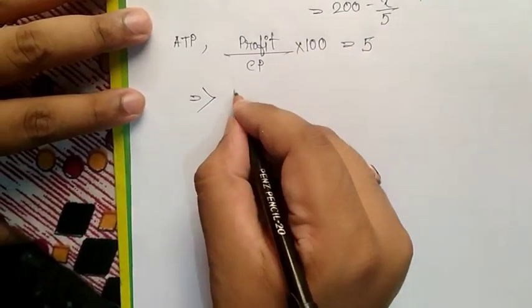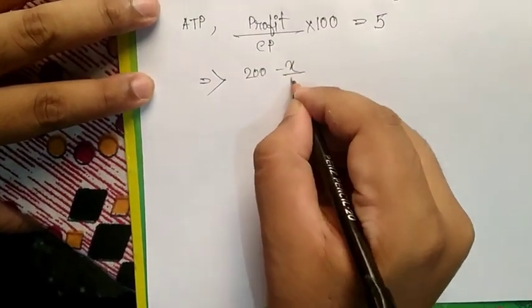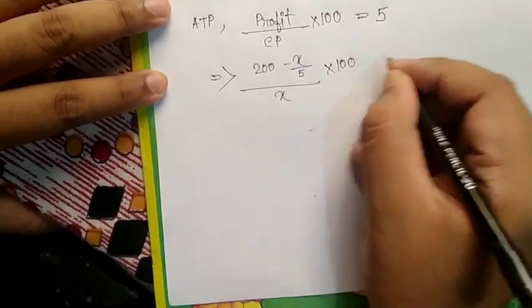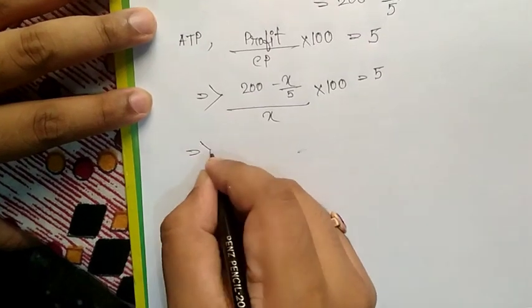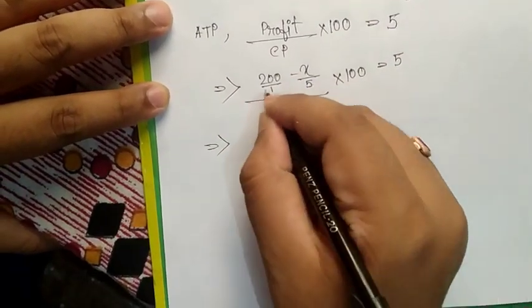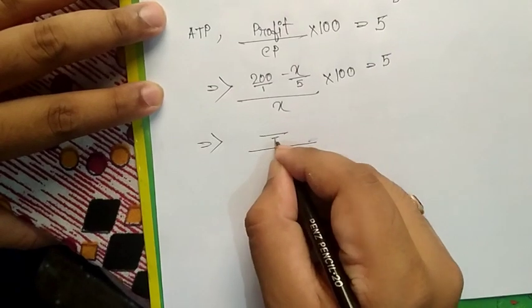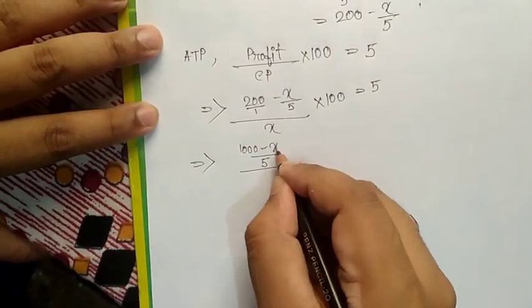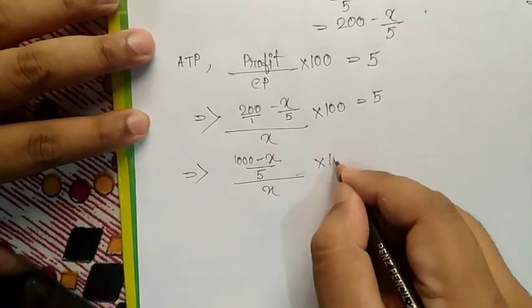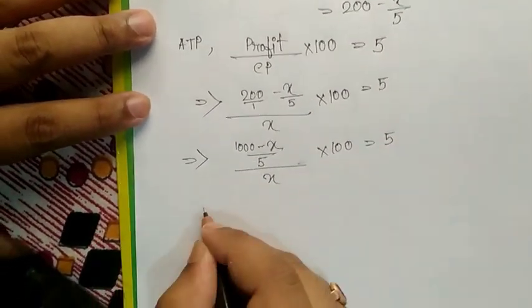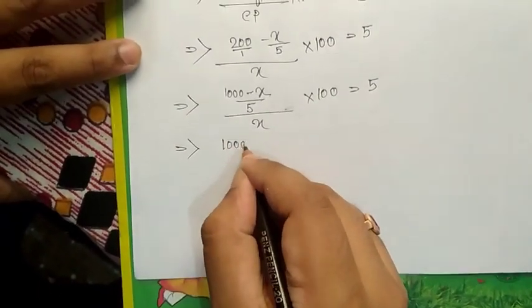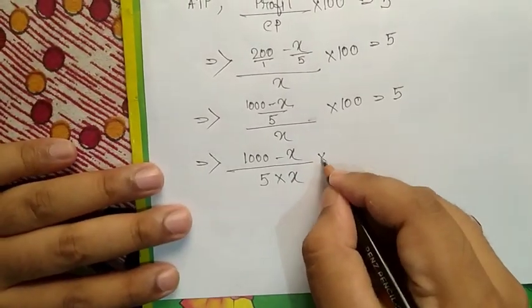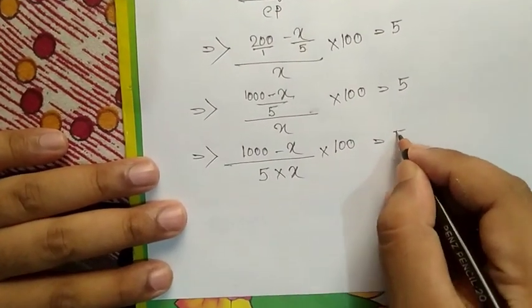So profit is 200 minus X by 5 and CP is X, into 100 equals 5. 1 and 5, LCM is 5. 5 into 200, 1000 minus X by 5, divided by X, into 100 equals 5.